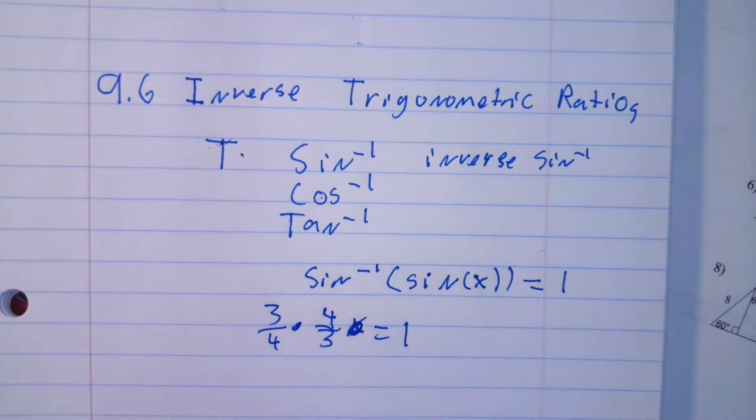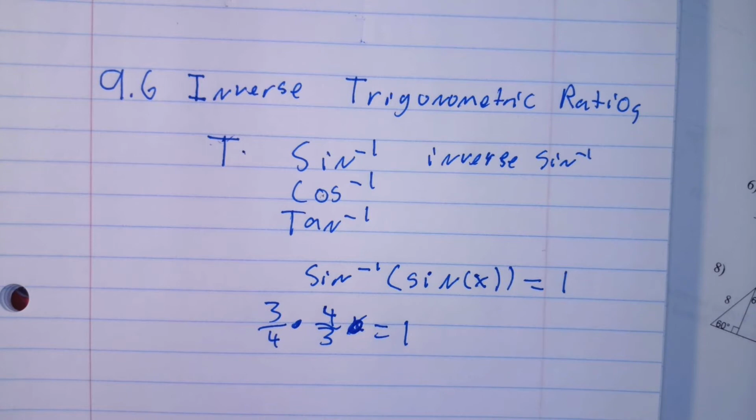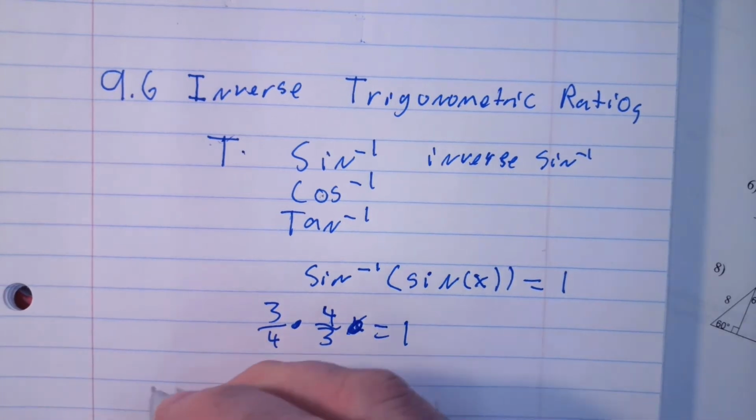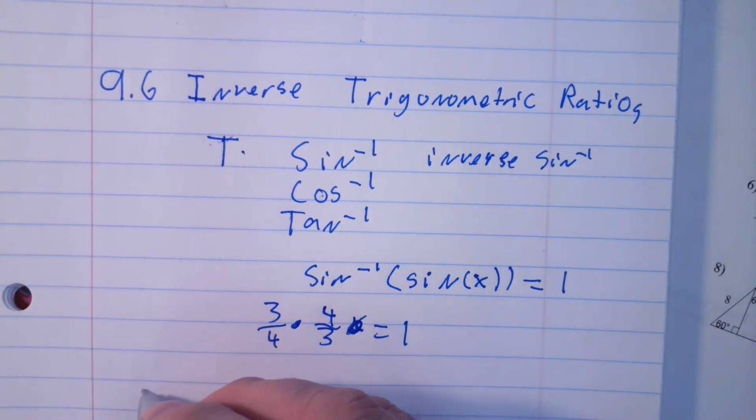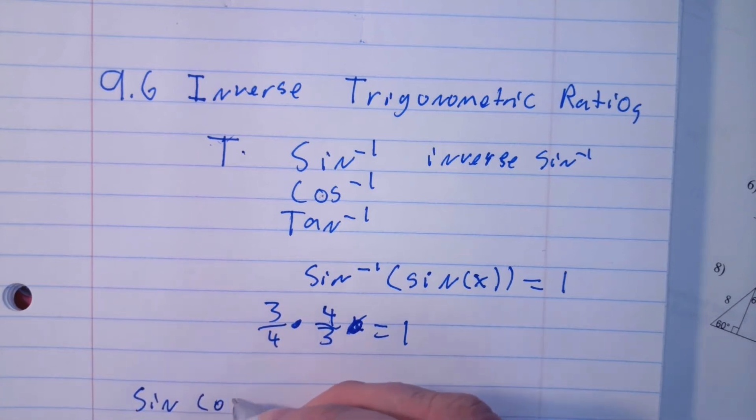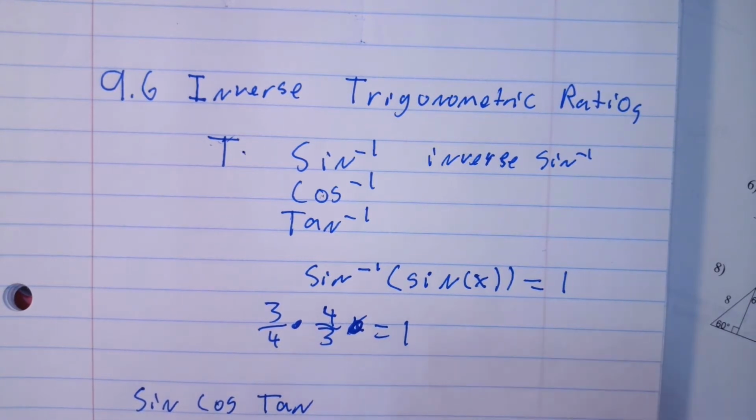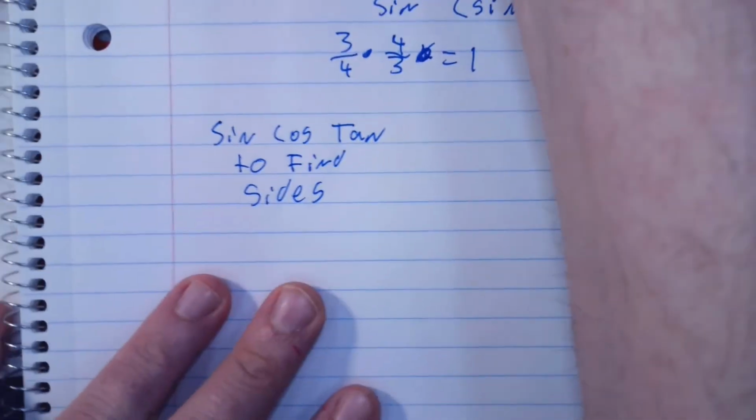So they're kind of reciprocals of each other, but the proper term is inverses, and we're going to see how that works. So what you do is you're going to use this to find sides.